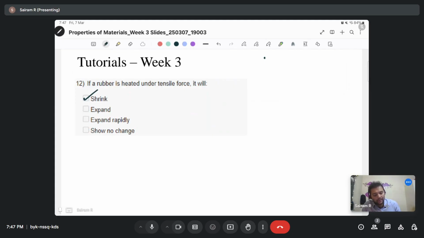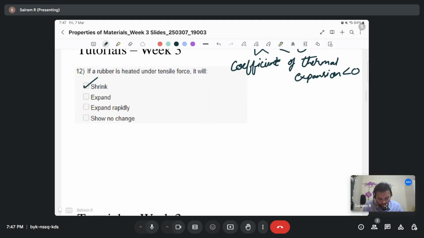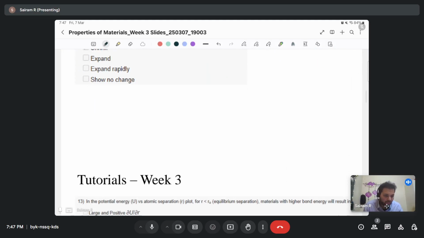For rubber, alpha, the coefficient of thermal expansion, is less than 0, which means when we heat, it tends to shrink. And under tensile force, this is going to be even more prominent.